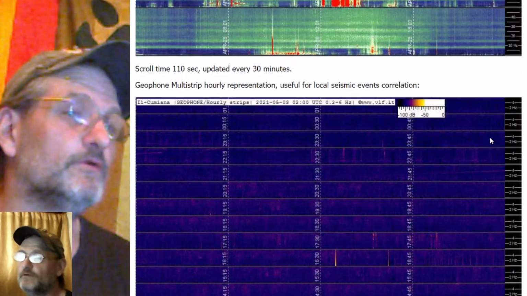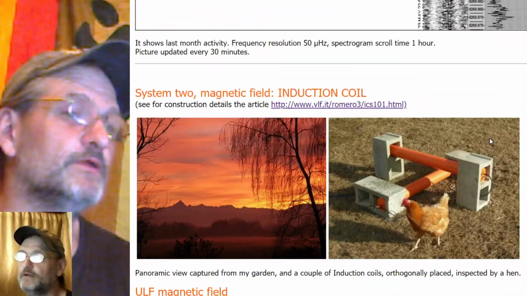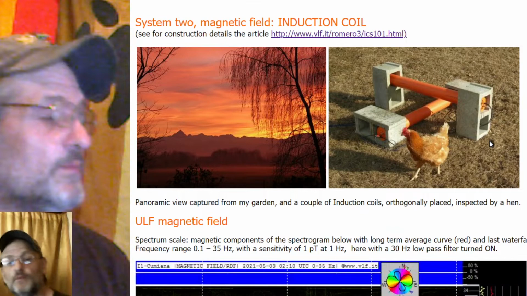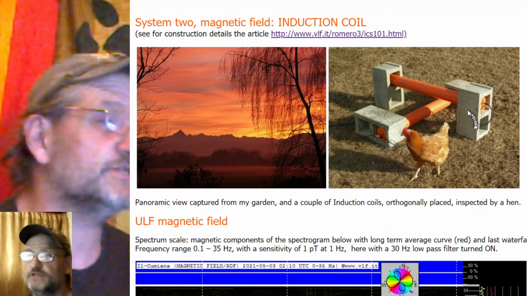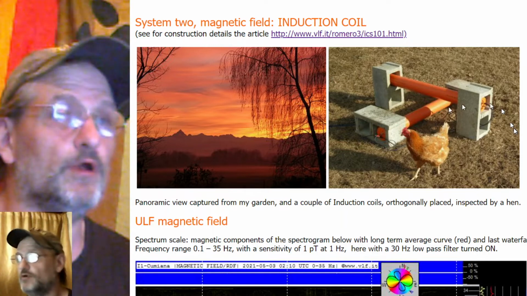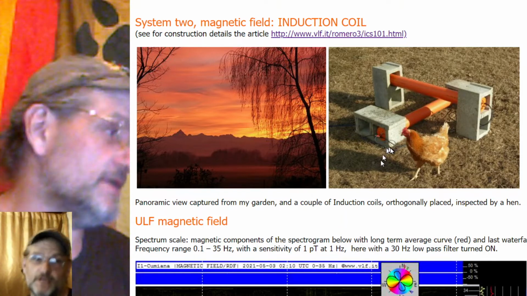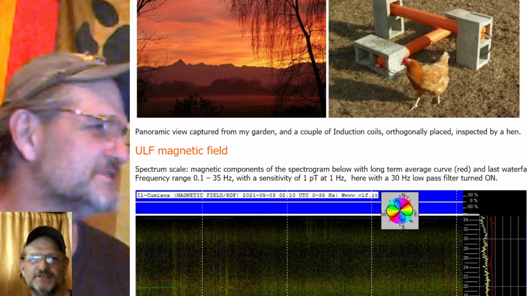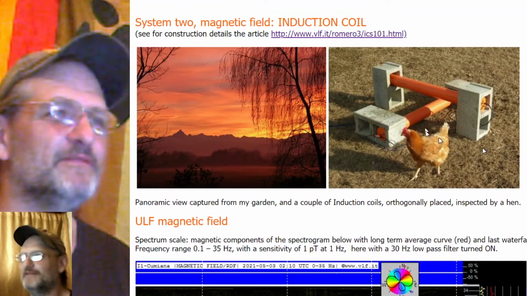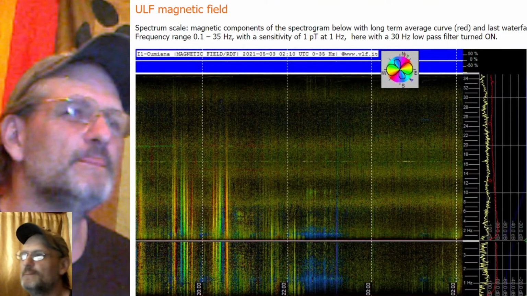All right, we scroll down here. Okay, so now we're talking about the other side, the magnetics of it, which is an induction coil. All right, so you see it can be subject to local influences. I just want to note that. I love that picture. So this is what we're measuring.